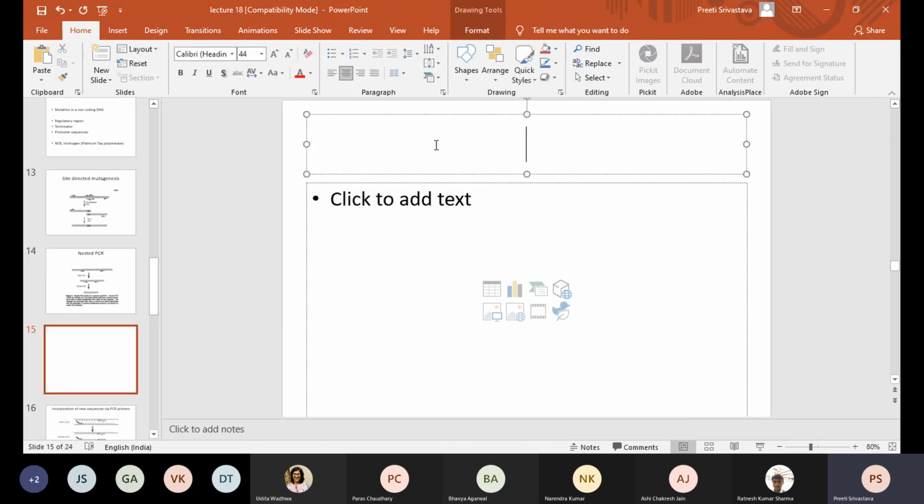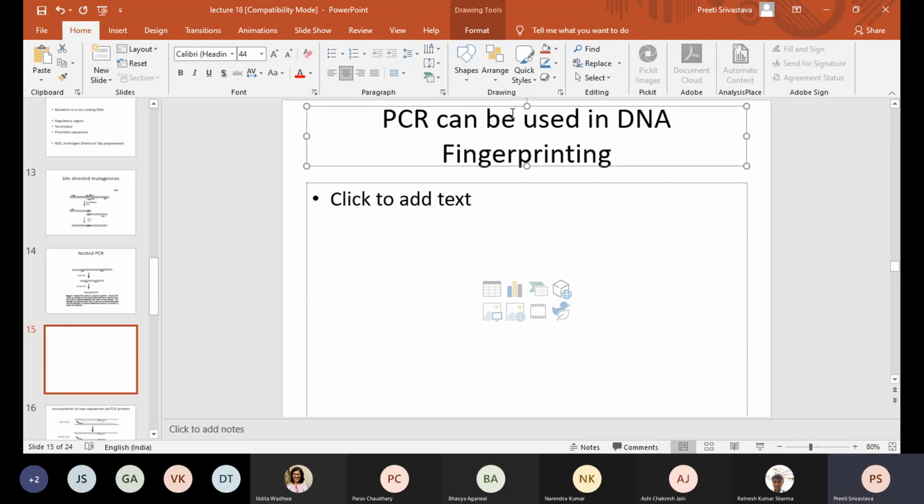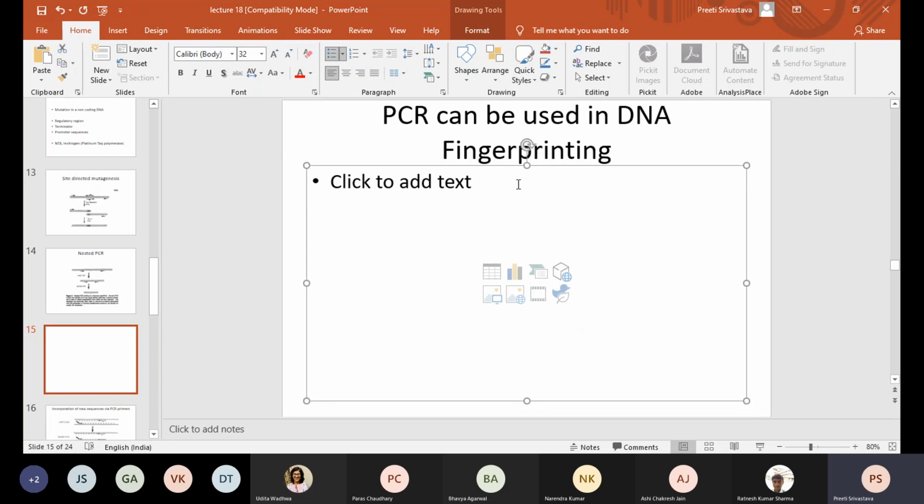For example, PCR can be used in DNA fingerprinting as well. The question is how PCR can be used in DNA fingerprinting. So particularly when you are trying to solve a murder mystery, or when you are trying to solve a crime case, right?